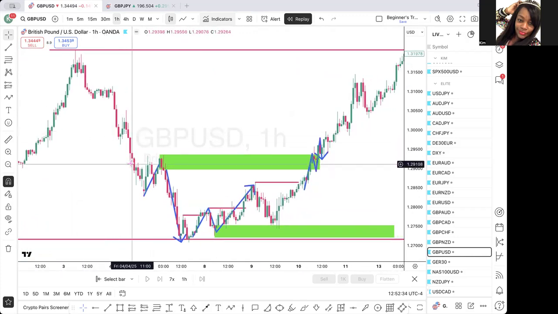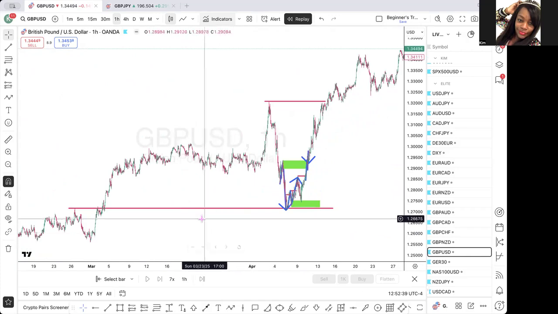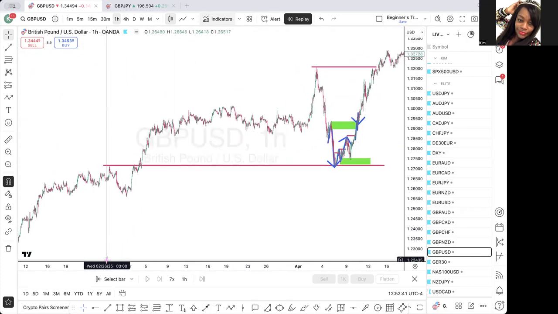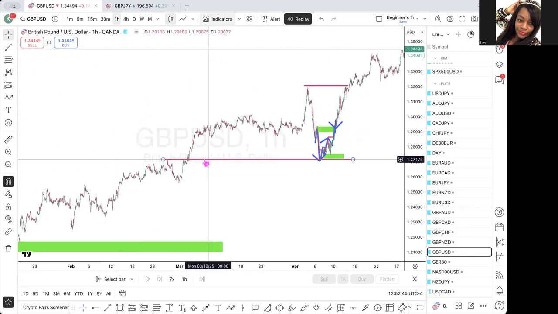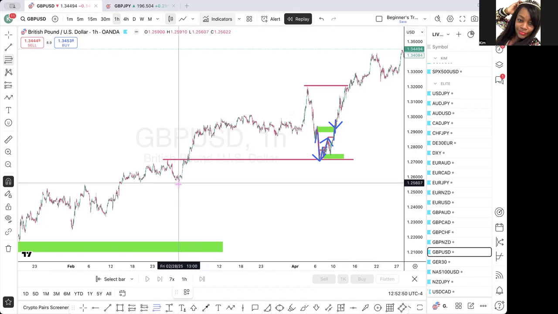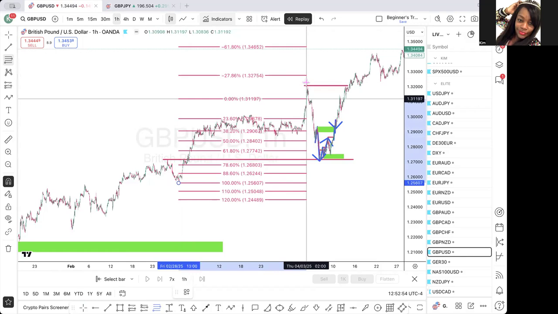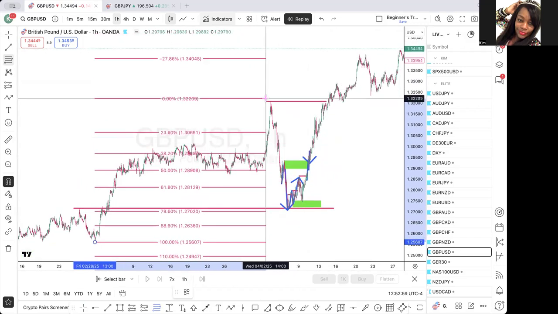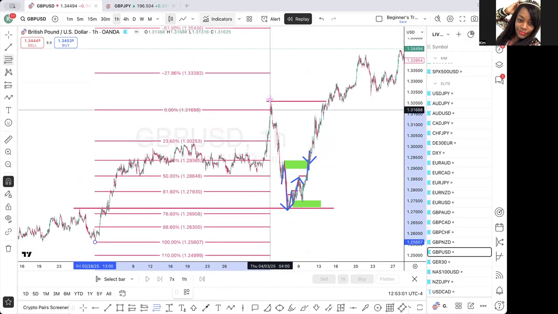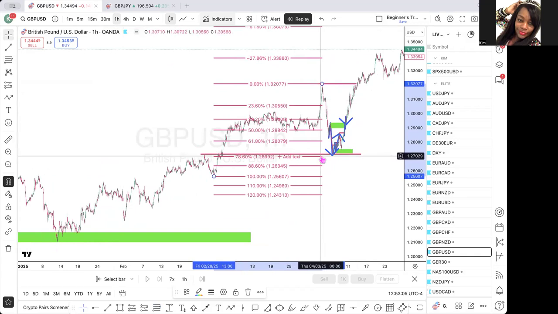So this was moving back down to, and remember, I said I would have wanted price to come a little further. Although when I marked up, this was around the 78 mark.